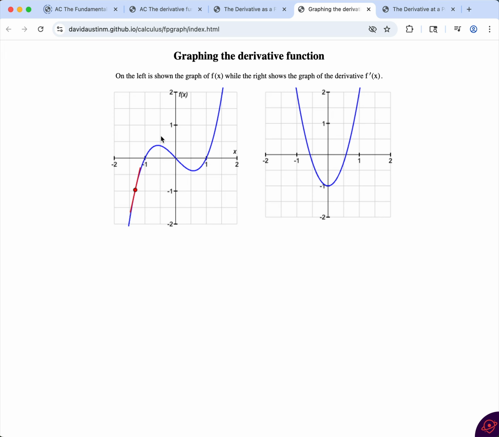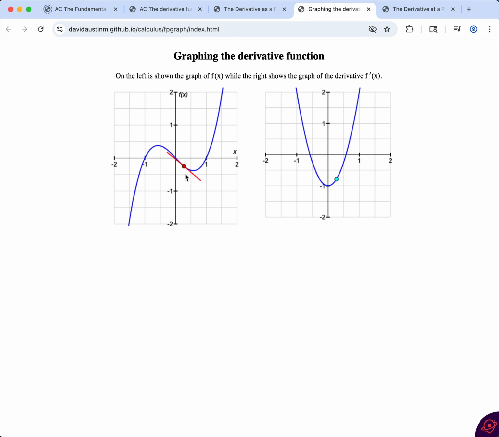And a cubic equation, a degree 3 equation, produces a slope equation of degree 2, a parabola. That's going to be something that you're going to see happen a lot coming up here.